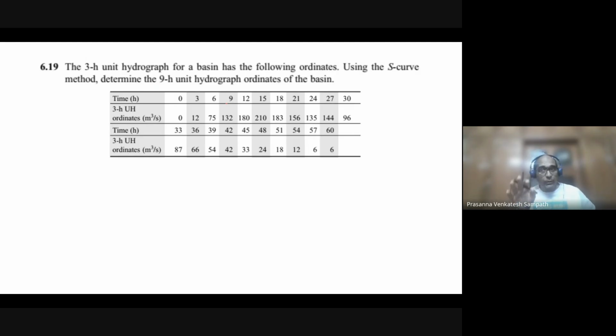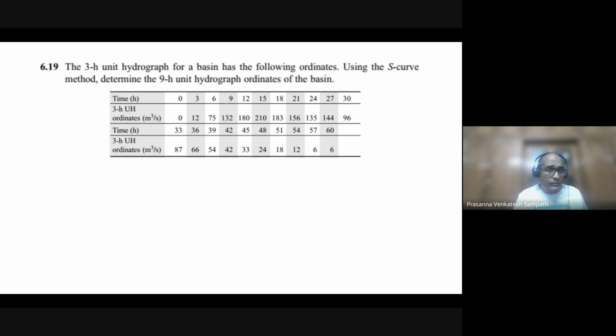But because this problem statement asks us to use the S-curve method, we are doing the S-curve method. There's nothing wrong if it's not mentioned. If it is just asked to find the 9-hour unit hydrograph, it is perfectly legitimate to directly use the method of superposition. It's probably conceptually simpler than the S-curve method. But anyway, it's not rocket science, not at all hard.